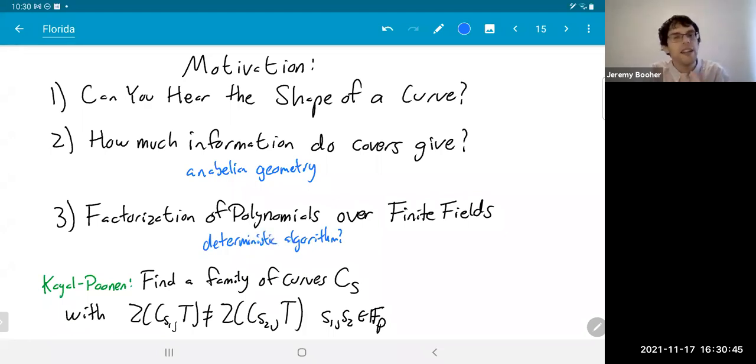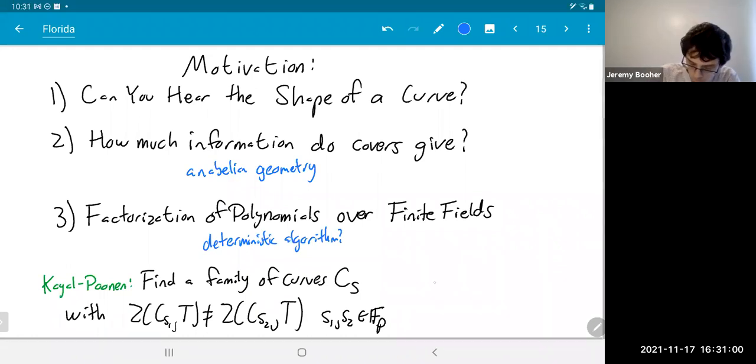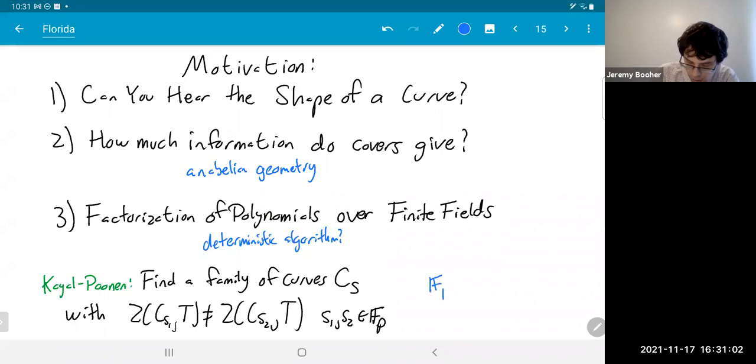And so very briefly, you can do this by looking at zeta functions. There's an idea of Kayal and Poonen that you want to find a family of curves over a finite field where every member of this family has a different zeta function. If you can do this, what you should try to do is, instead of using a finite field as your coefficients, try to use F_p adjoin x modulo the polynomial you want to factor, and pretend that's your coefficients.